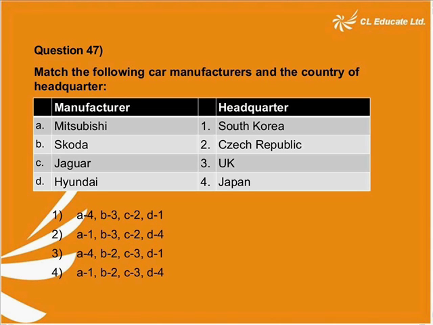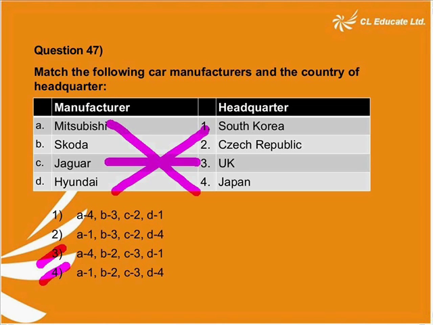Well, as Jaguar has been acquired by Tata, we cannot say Jaguar's headquarters is in Mumbai. Skoda was originally a Czech company. If you want, you can check, and then it was acquired by Volkswagen or General Motors. I just don't get exactly. Some 5-7 years back it was acquired.